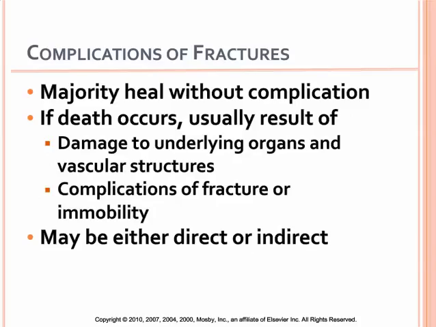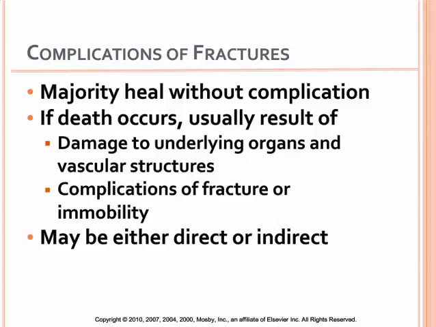The majority of fractures heal without complications. If there are major complications and death occurs, it's usually as the result of damage to the underlying organs or vascular structures, or complications of the fracture or immobility. And the complication may be either direct or indirect.